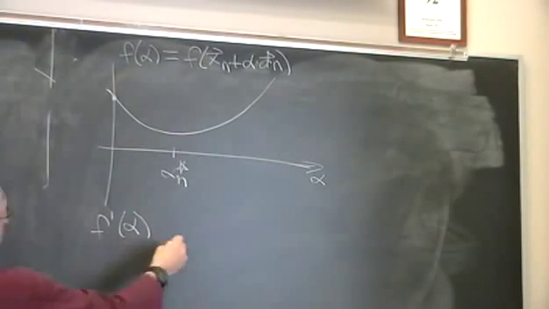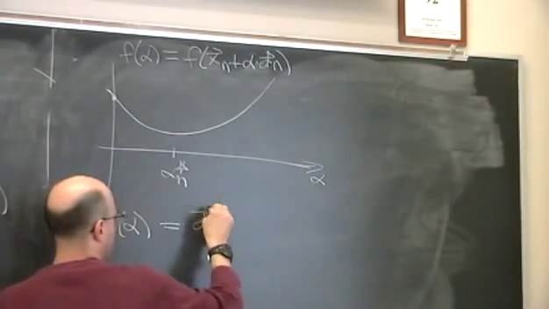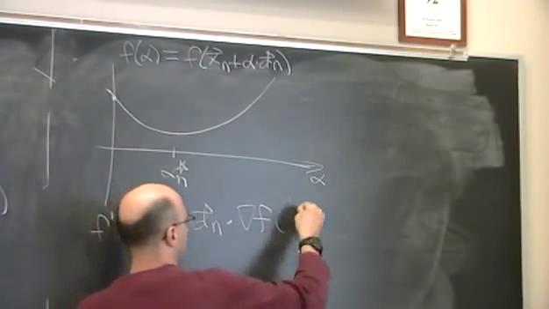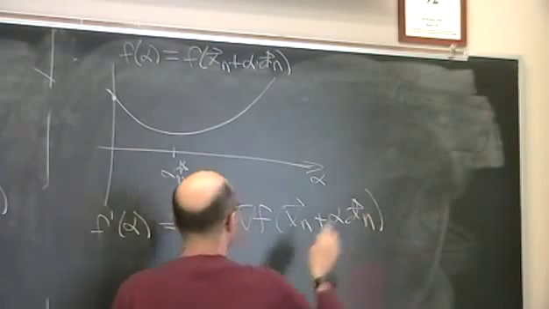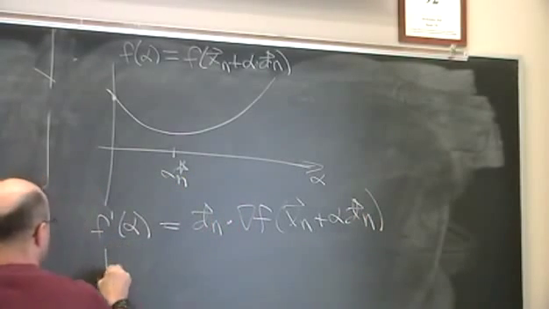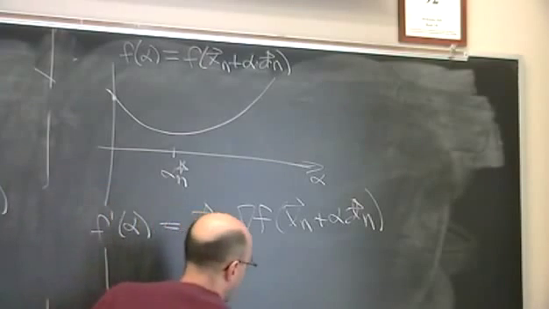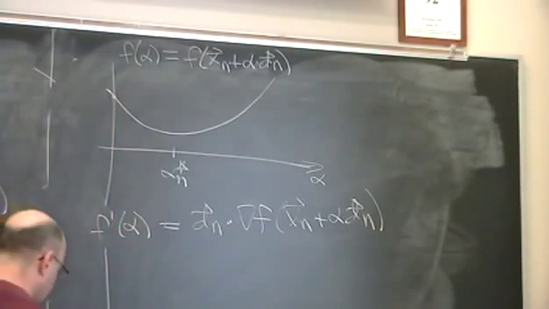And that derivative we can take by the chain rule as the search direction dotted into the gradient of the function at the corresponding step point. And if I made a graph of that, we know that when alpha is 0, we were anticipating starting with a negative value for the derivative.